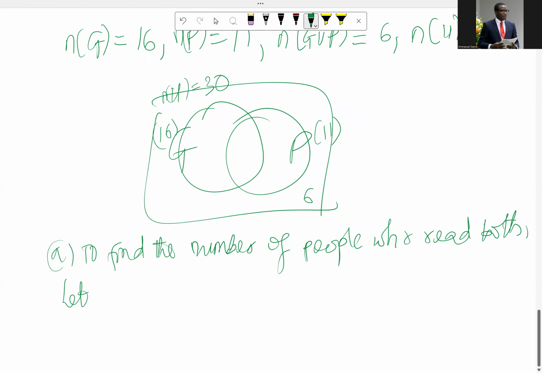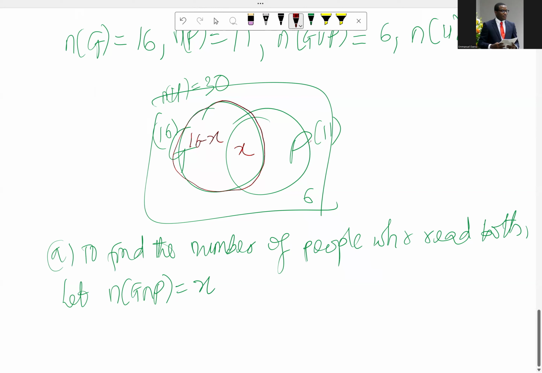So we say let the cardinality n(G intersection P) be equal to X. That's where this whole idea of X comes in. So those who read both, we are saying they are X now. If this is X, everything in this box is 16, so automatically this will be 16 minus X, right?